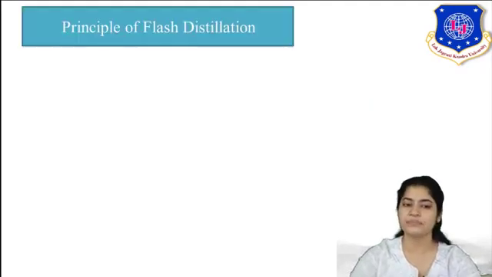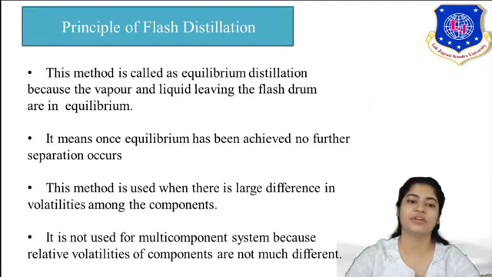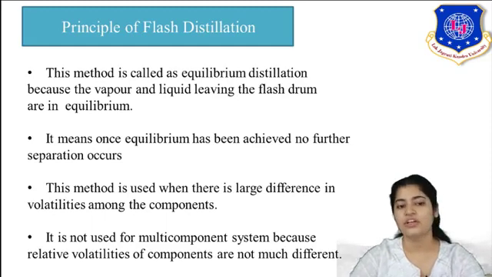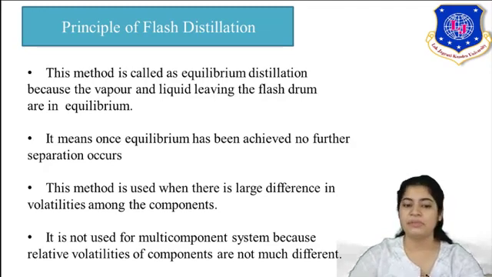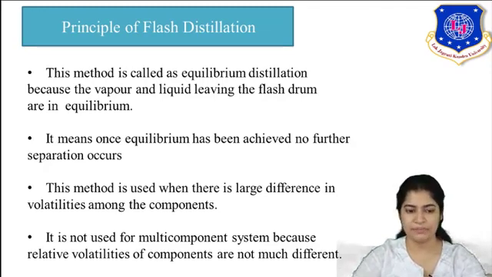Let's have a look into the working of flash distillation. This method is also called equilibrium distillation because vapor and liquid leaving the flash column are in equilibrium. Once equilibrium has been achieved, no further separation can take place. This method is used when there is a large difference in volatilities among the components.